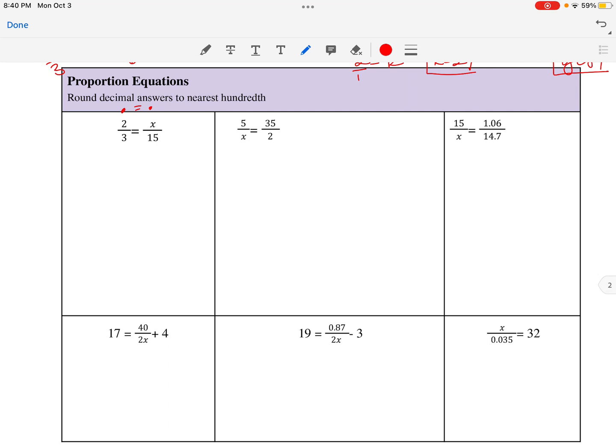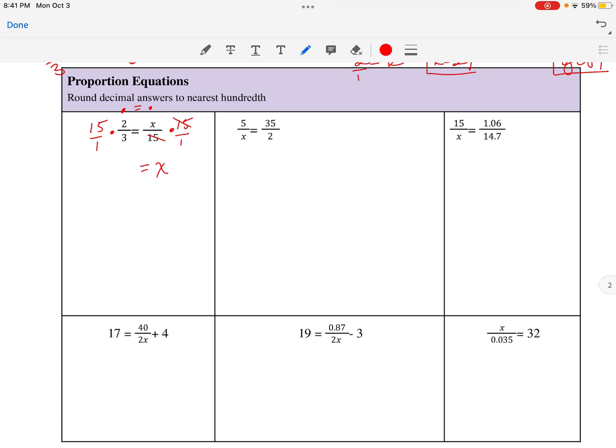On this side, x is being divided by 15. The inverse of that is to multiply by 15. So we're going to multiply both sides by 15. Since we're working with fractions, I'm going to make 15 into a fraction by putting it over 1. This side, the 15s cancel and become 1, so that's what I wanted. I just get x on that side.